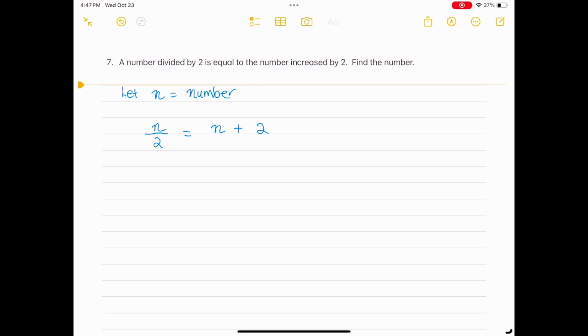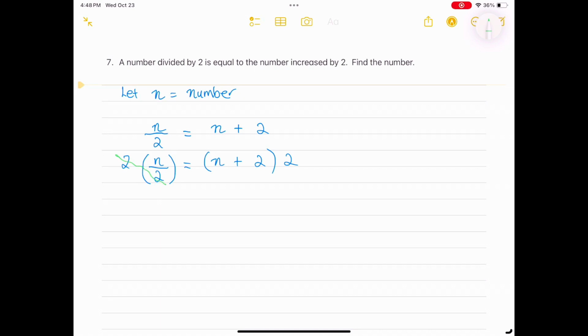I begin by drawing parentheses around the expressions on the left-hand side and around the expressions on the right-hand side of the equation, because I need to multiply both sides of the equation by the reciprocal of 1/2, or the number 2. The parenthesis is important on the right-hand side of the equation to indicate that the entirety of the right-hand side must be multiplied by 2.